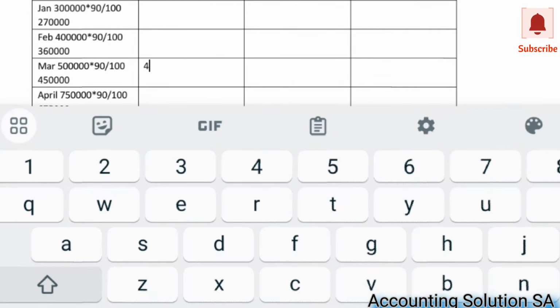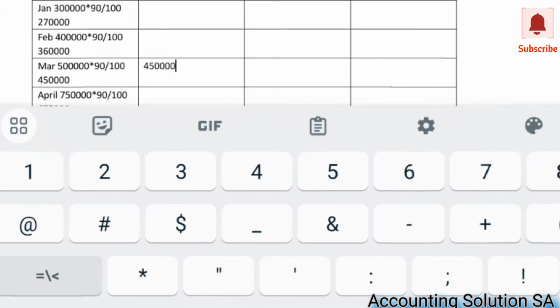Okay, we have 450,000, the one that we calculated as credit sales. You are going to multiply by 40%, and you also multiply by 95.5%. Okay, so if you do all this calculation, let me calculate: 450 multiplied by 0.4, which is the same as 40%.